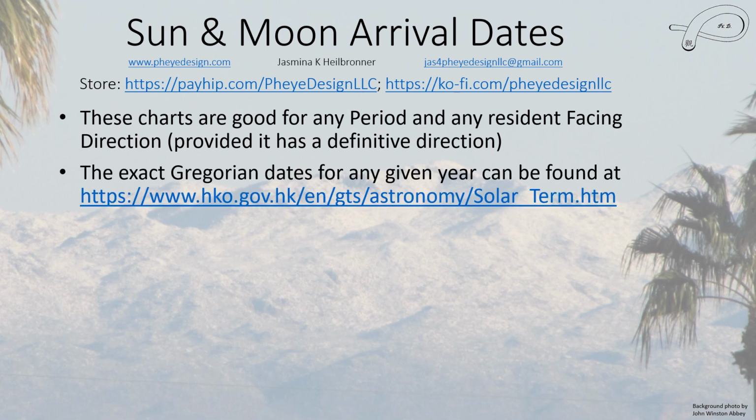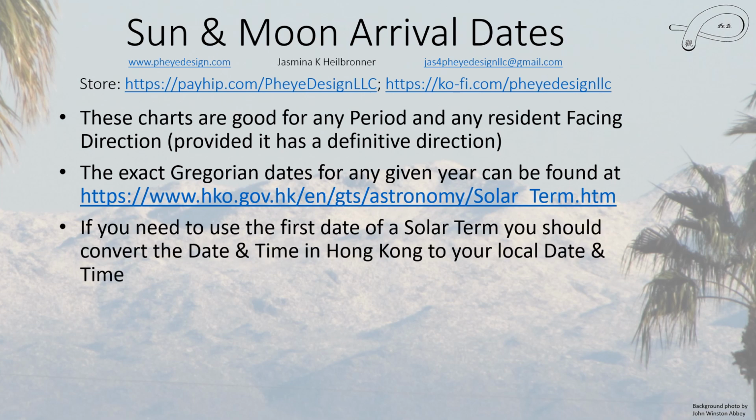Now, the exact Gregorian dates for any given year can be found at the Hong Kong Observatory website. You can Google Hong Kong Observatory solar term and you'll get there. But this is the actual website. Now, if you need to use that first date in any given solar term, you should convert the date and time stated on the Hong Kong website to your local date and time.